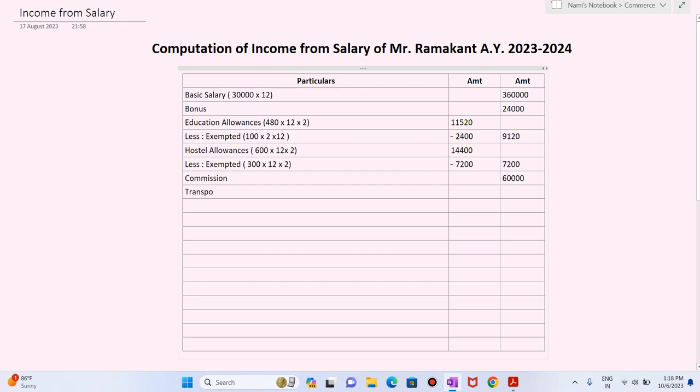Transport allowances 4,800 per month, multiplied by 12, and it is fully taxable. So 4,800 multiplied by 12, we get 57,600.